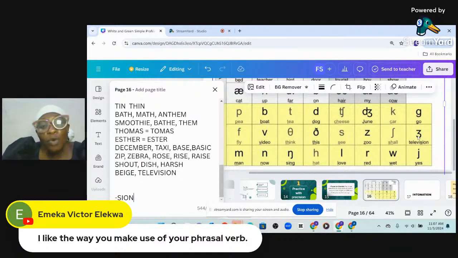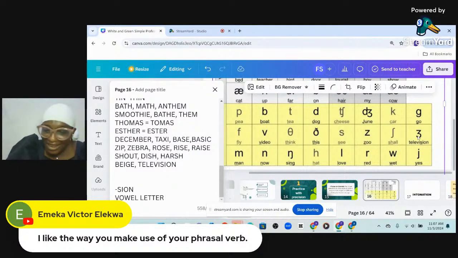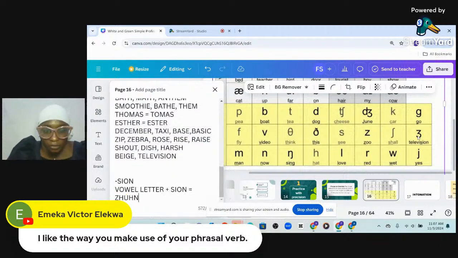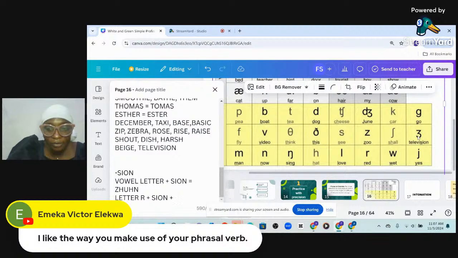But in some words, when you have a vowel letter before SION, you should pronounce SION as jeune. Also, when you have letter R before SION, you should also pronounce SION as jeune.